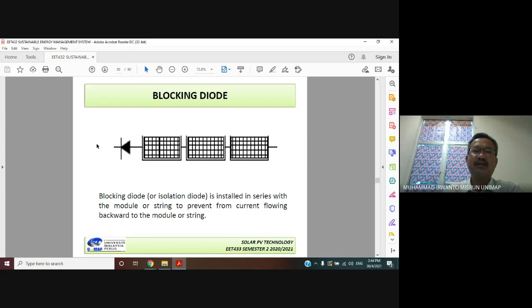If current comes from the other direction, it will be blocked by this diode, so the PV module is in a safe condition. We can read here: a blocking diode or isolation diode is installed in series with the module or string to prevent current flowing backward to the module or string. This can occur if a short circuit condition occurs in the PV module installation.